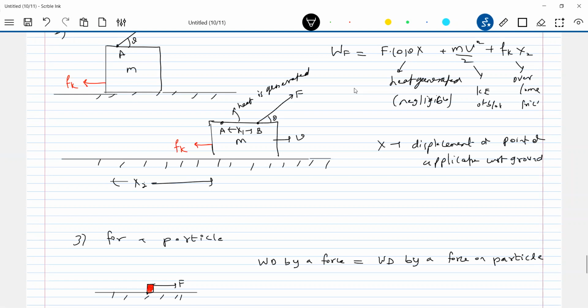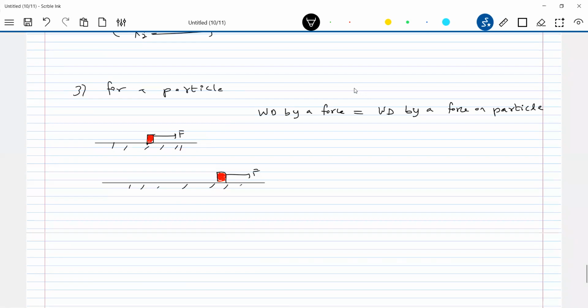So I can't say this is due to the block frame and these two are due to the ground frame. Who is writing this equation? Person on the ground. Is it okay now? Yes, work done is different in different frames of reference. I should not write x1, it should be x. Okay, this will be the basic idea of this one.